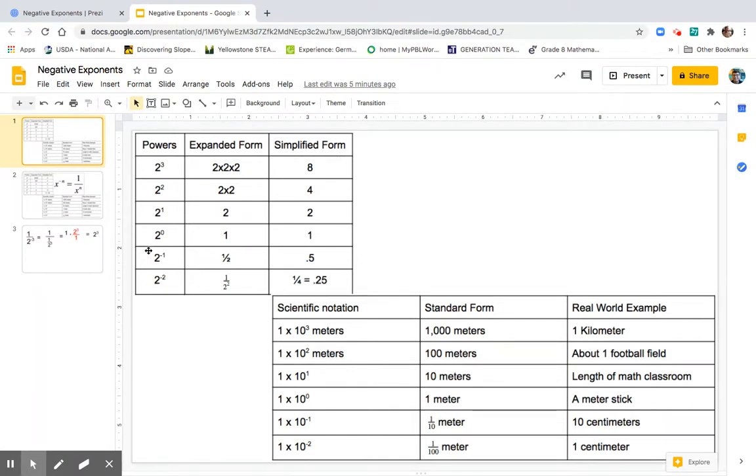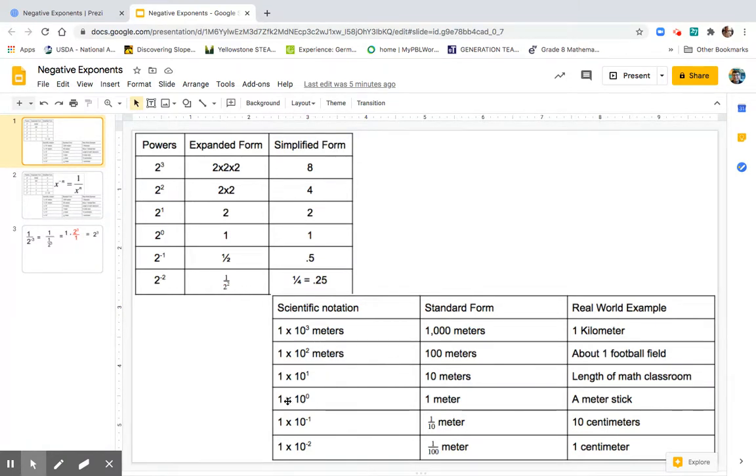You can even test this on a calculator. What's 2 to the negative 1 and 2 to the negative 2? That should come out as either 0.5 or 0.25. And so we can see how the 2 is written in the denominator here, and for 2 to the negative 2, we had a 2 squared in the denominator.